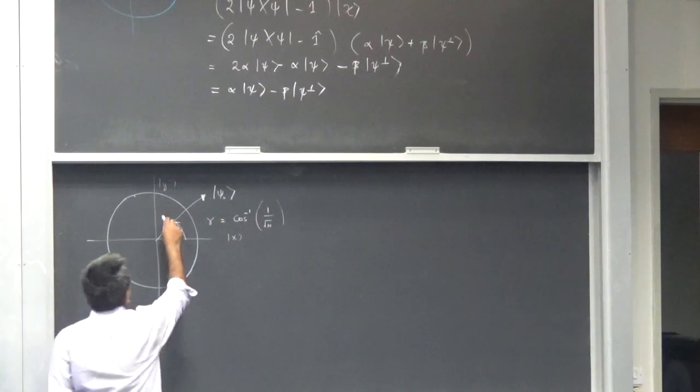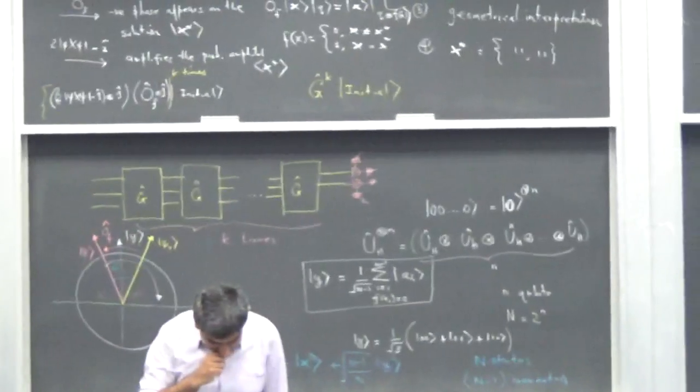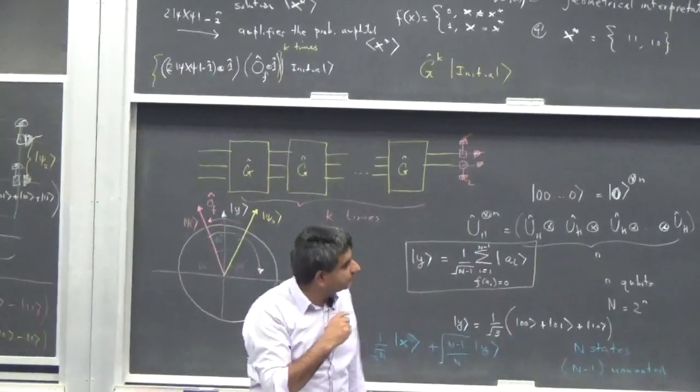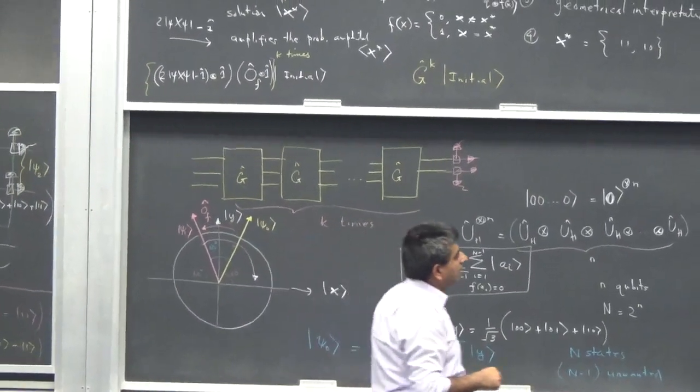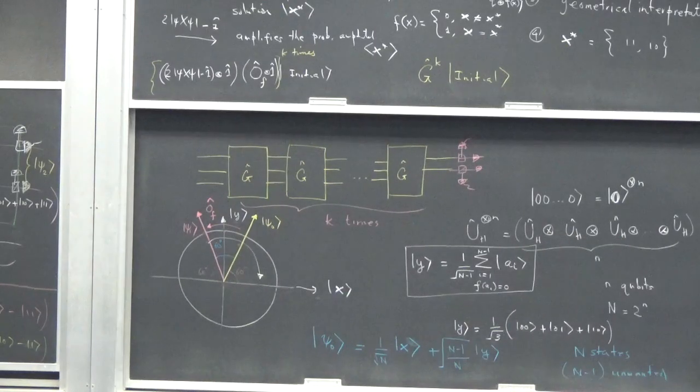This angle will be the cosine inverse of this thing. Okay. Next steps. So this angle is really cosine inverse of root of (n minus 1) over n. Okay, this angle.